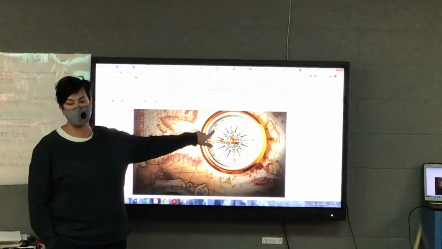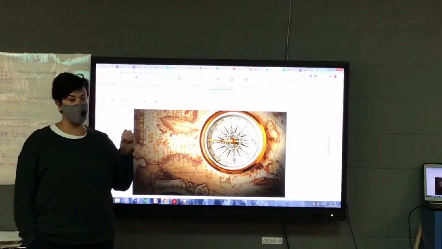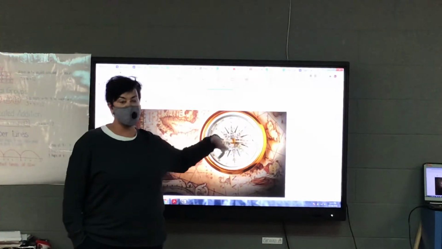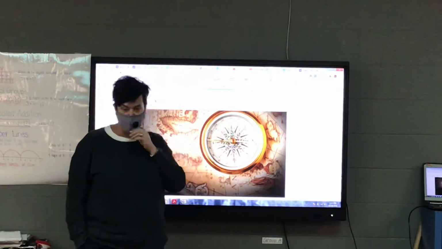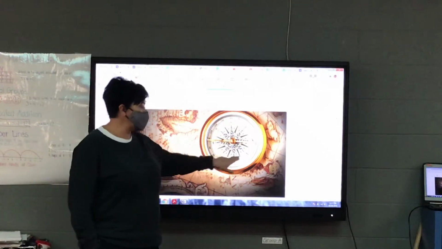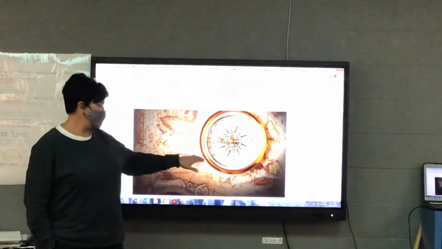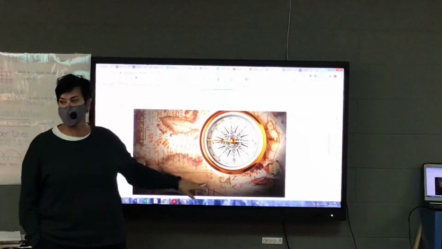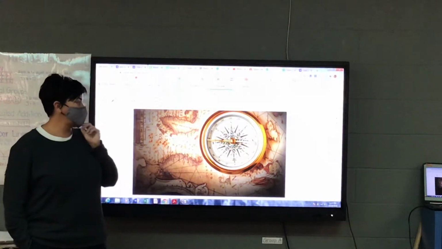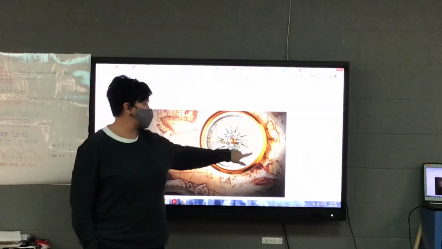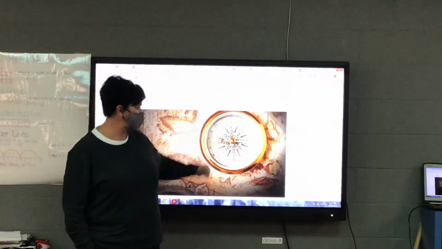The S and the E together is southeast. The S and the W together then is southwest. What is the NW together? Northwest. And the NE together? Northeast. Okay?